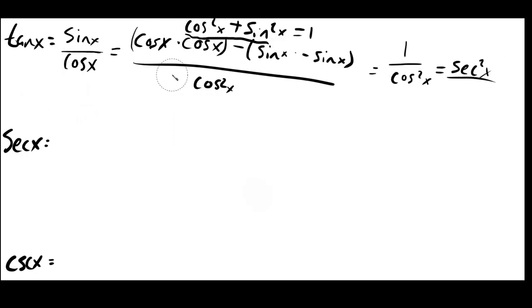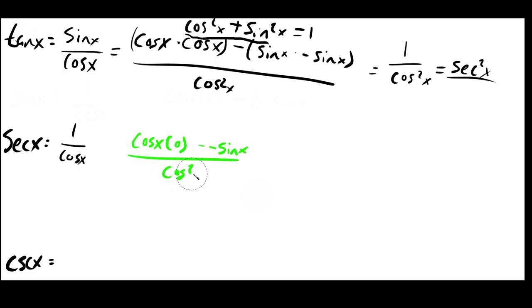Okay, so secant x. You should know that secant x is 1 over cosine x. And once again, for all of these, it's just going to be quotient rule. So low d high minus high d low over low squared.